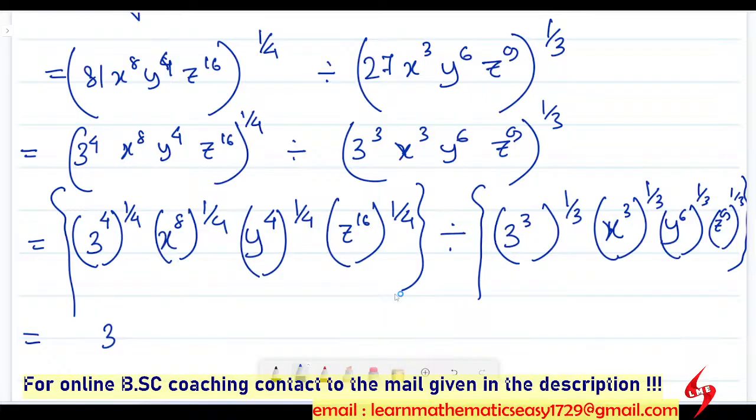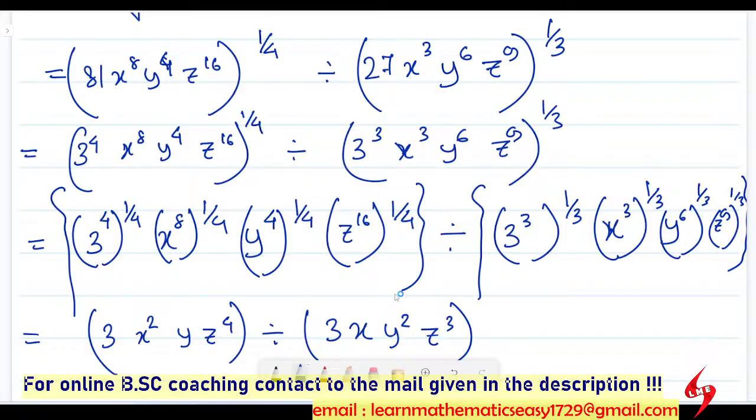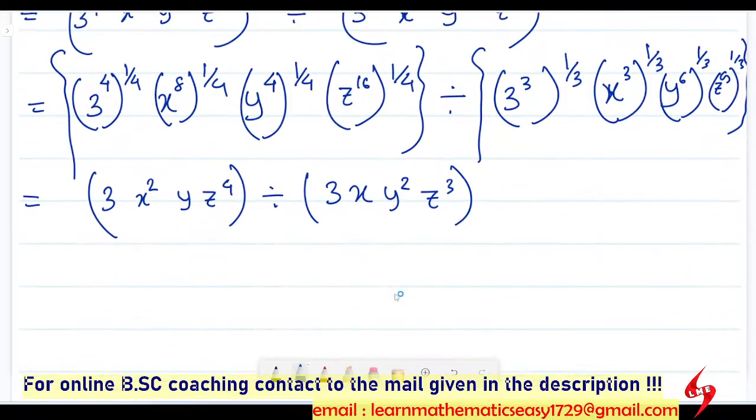Here that is 3 x to the power 2 y z to the power 4, divided by 3 x y to the power 2 and z to the power 3. Another thing, always remember that if I have a division, b to the power n and a to the power n as well, if I transform this into multiplication, the right side power will be the opposite.